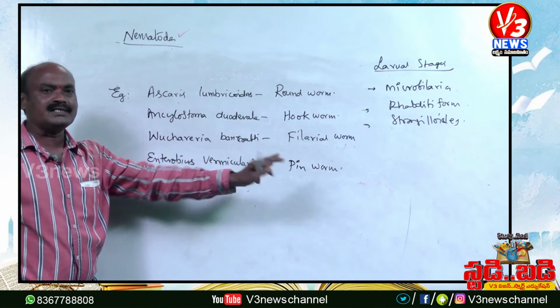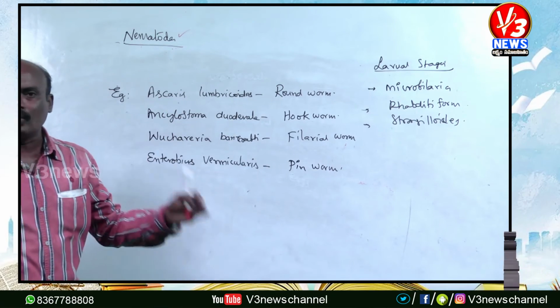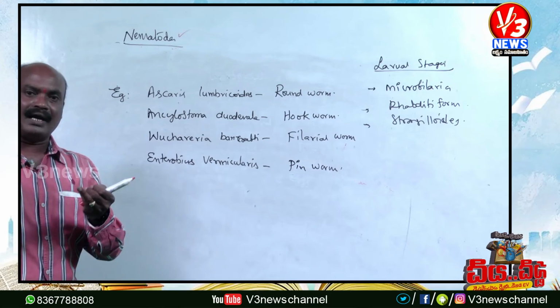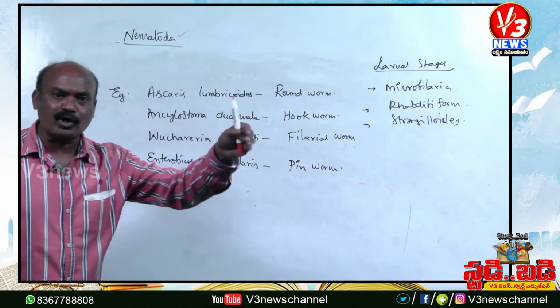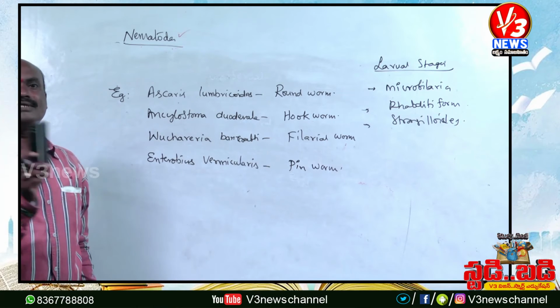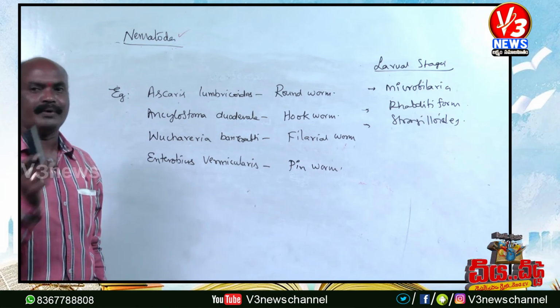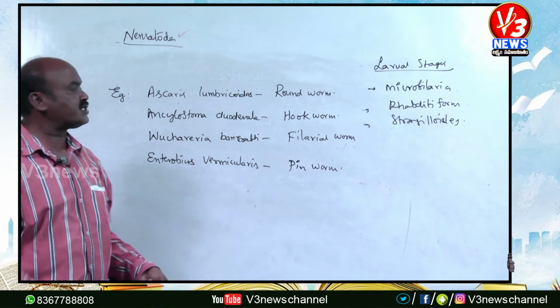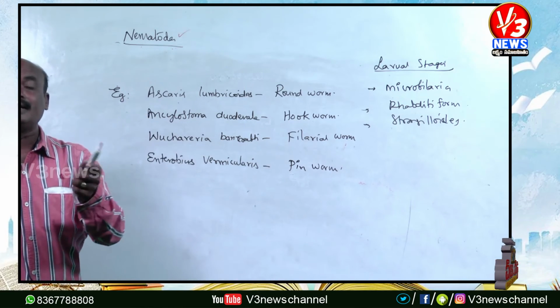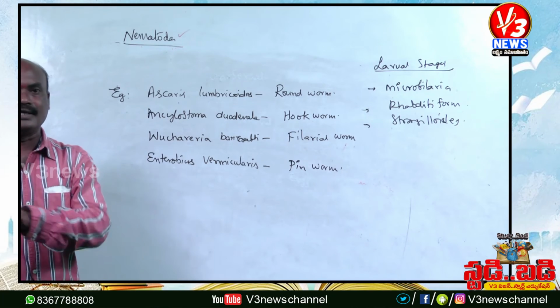They are commonly called roundworms. The roundworms are triploblastic, bilaterally symmetrical, pseudocoelomate animals. And one more important area, the alimentary canal is complete with two apertures, mouth and anus. Regarding the excretory system, roundworms have Renette cells.